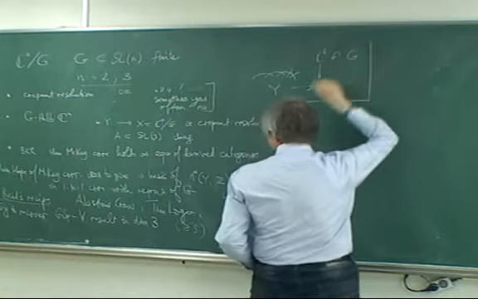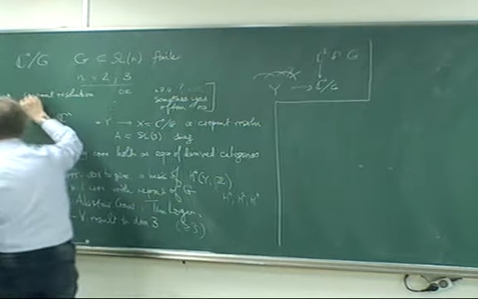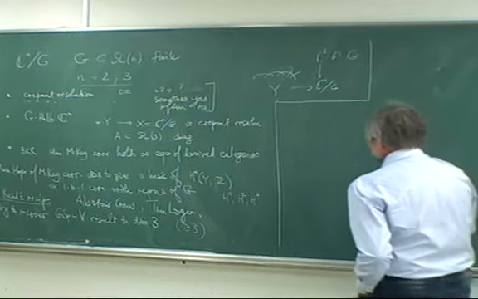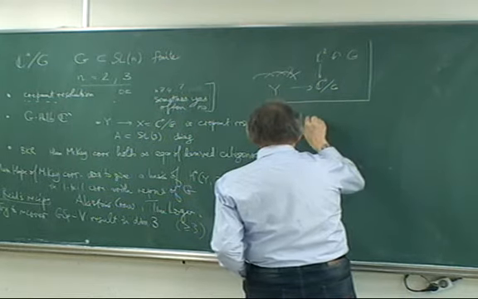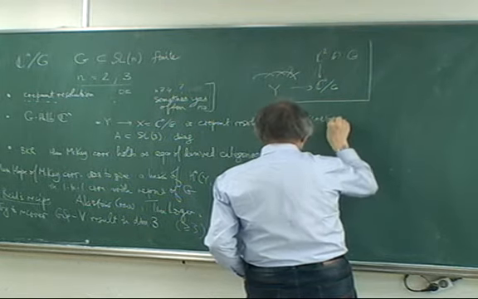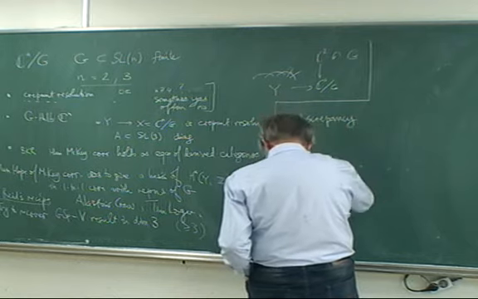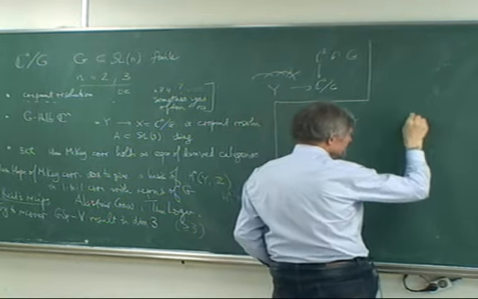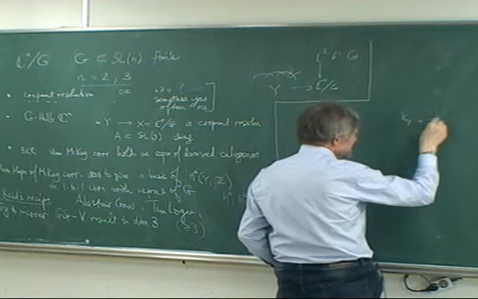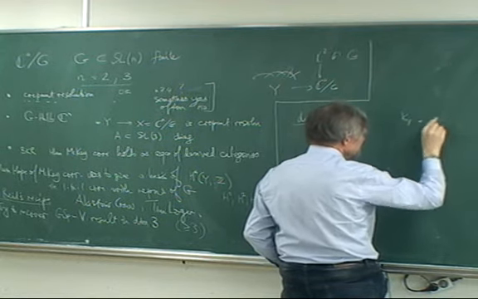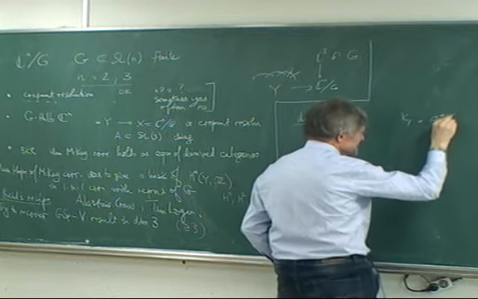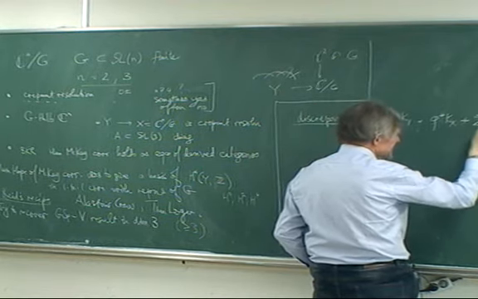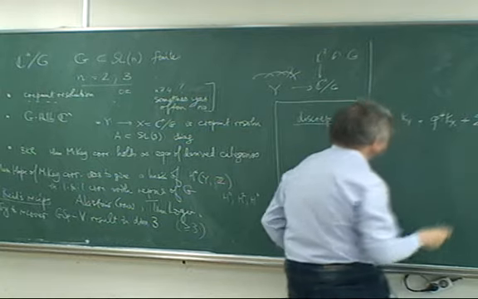Okay, so I want to start off with saying what this word crepant means. I want to describe discrepancy, and then show you how to calculate it. There's going to be a formula that K_Y is f upper star K_X plus some sum of a_i E_i.